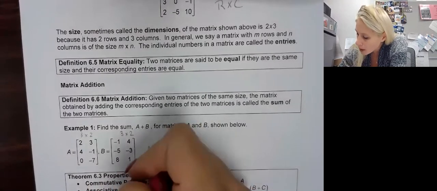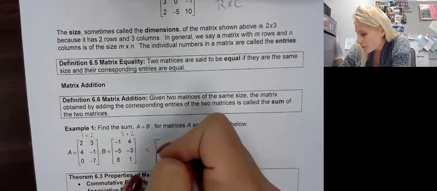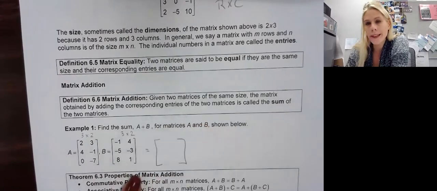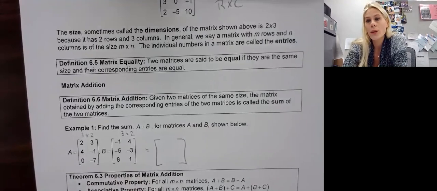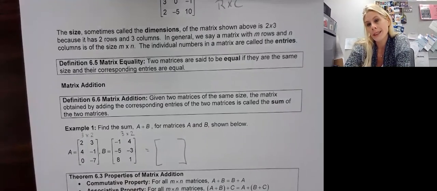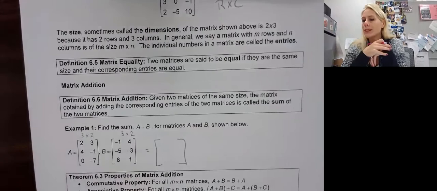When we add them, we add the entries in the same position to each other. This is also why you cannot add matrices with two different dimensions, because the entries won't line up and you wouldn't be able to add them.